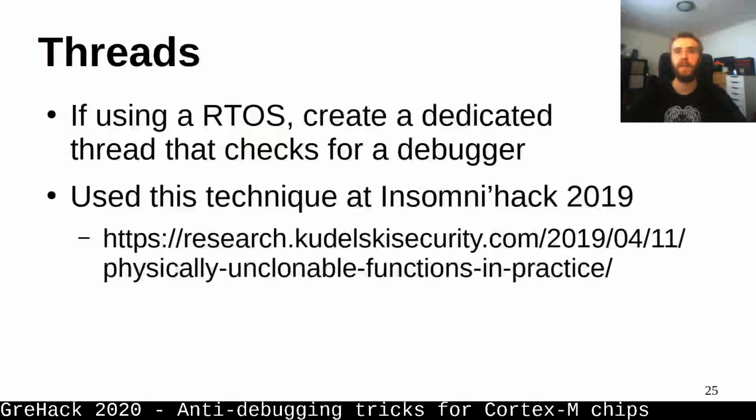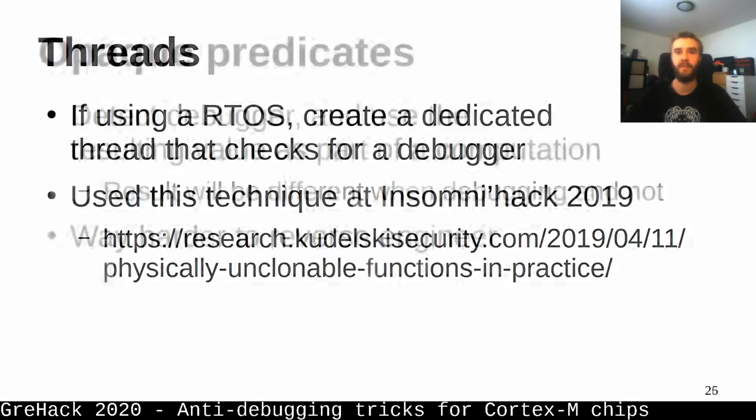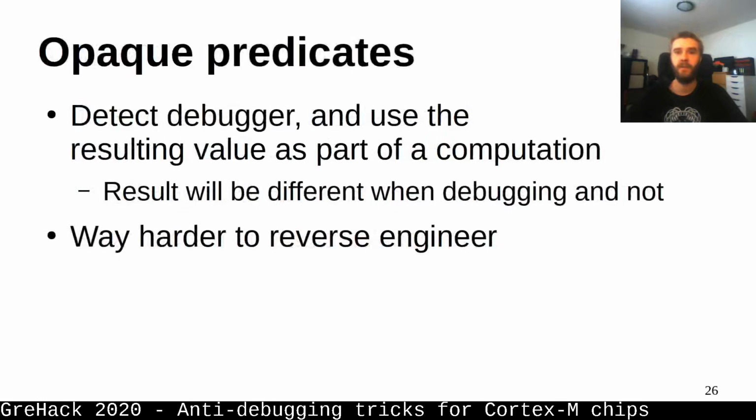If you are using a real-time operating system, you can use a dedicated thread that will continuously monitor the debugging status. If the debugger is detected, the thread can also directly act upon this. For instance, during InsomniHack on a CTF challenge, we used this exact method to clear the RAM whenever somebody tried to debug the chip. You can also use the detection value to be included within the computation of any other part of your code.